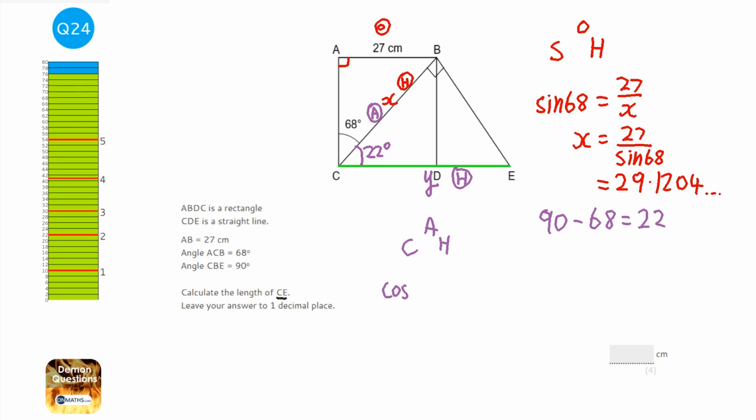So cos 22 equals my 29.1204 and so on over y. So again, I'm going to times both sides by y and divide both sides by cos 22.